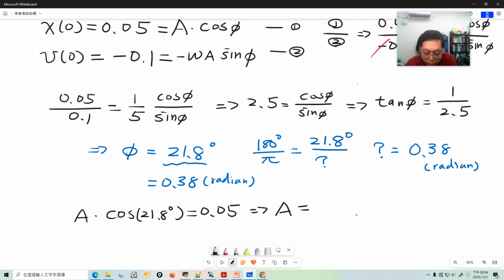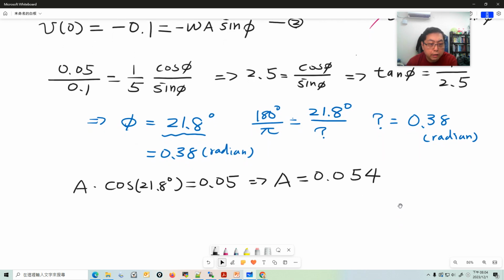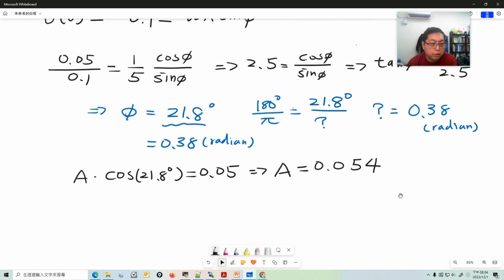So cosine 21.8, 0.05, so A is 0.054. And so we finally got our position function.